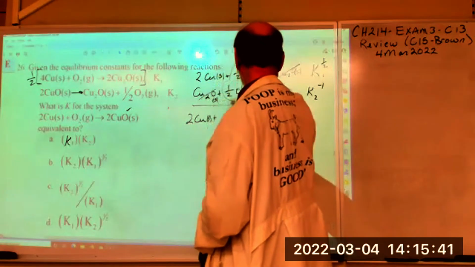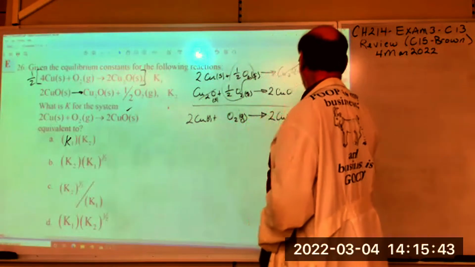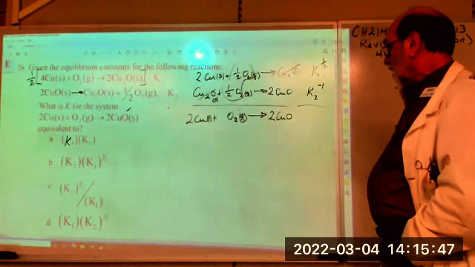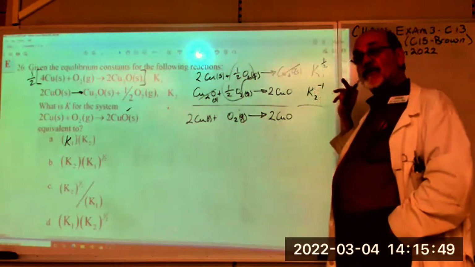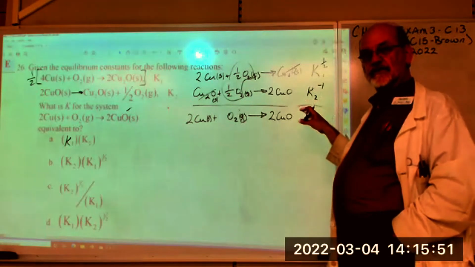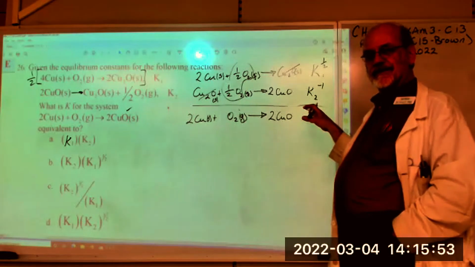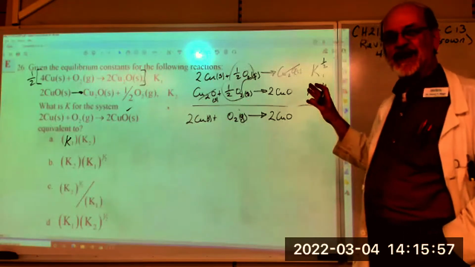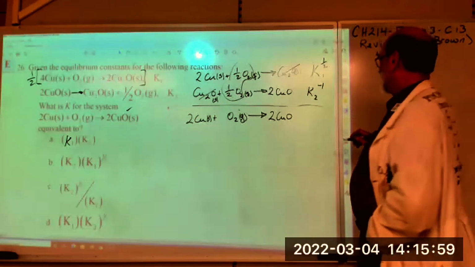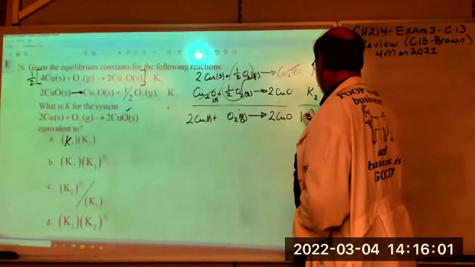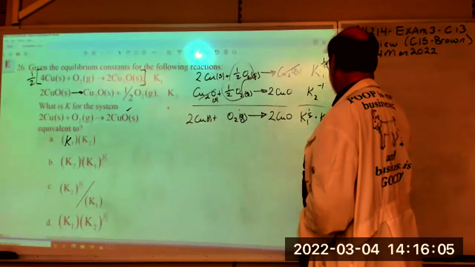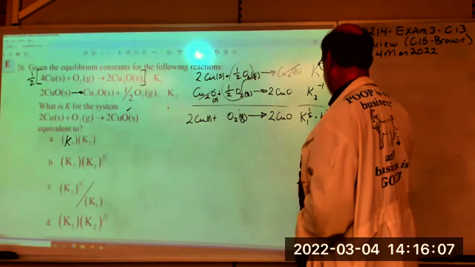That one's there. This one's here. Now, what is this one? When you add equations together, what do you do to their equilibrium constants? Starts with an M. You multiply them, right? Okay, so it's K1 to the 1/2 times K2 to the -1.